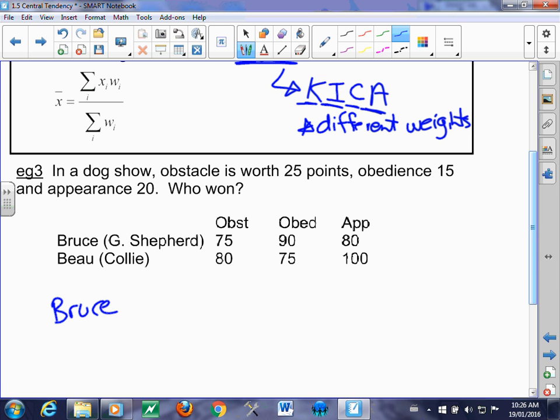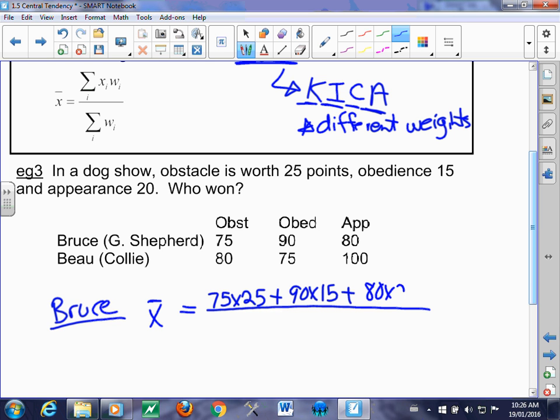Okay, so we're calculating the mean, and it's a weighted mean. Okay, so how do we do this? Well, first of all, we take a look. Obstacle was worth 75. You got a mark of 75, but it's worth 25, so we're going to times it by 25. Plus obedience is 90. We're going to times that by 15 because that's what the points are. Plus the appearance, which is 80 times 20.